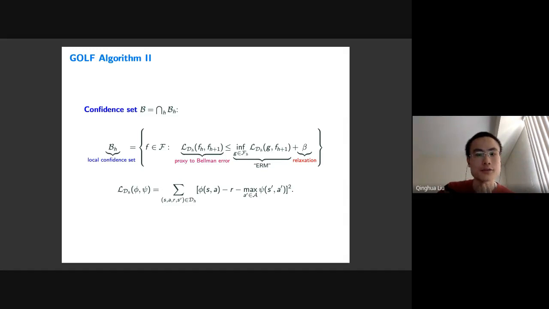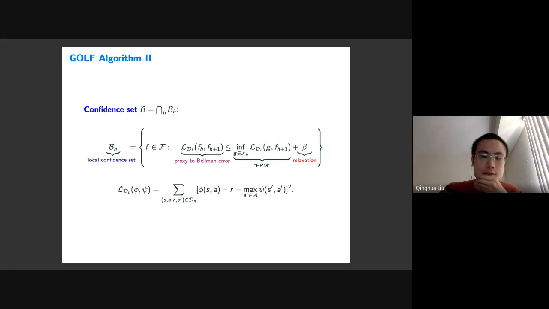This L_h is an empirical proxy to the Bellman error of function f at step h. It's defined as the square loss over all the transition tuples we have collected so far at this step. And this term is the ERM of fitting the Bellman operator applied to f_{h+1}.